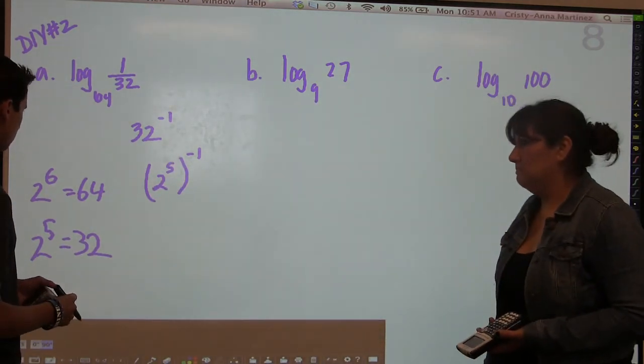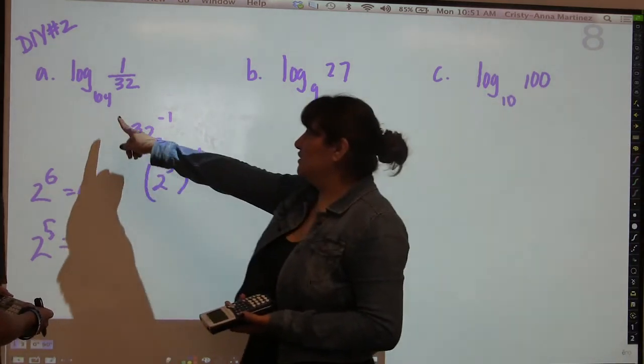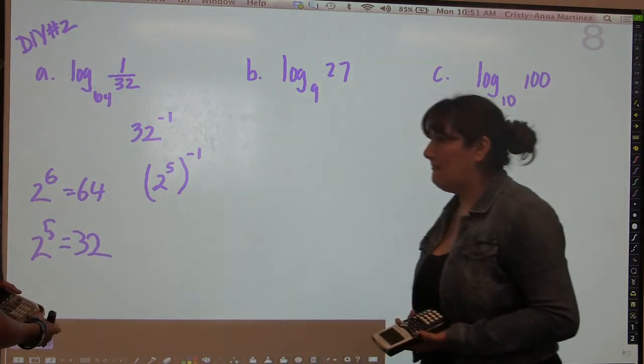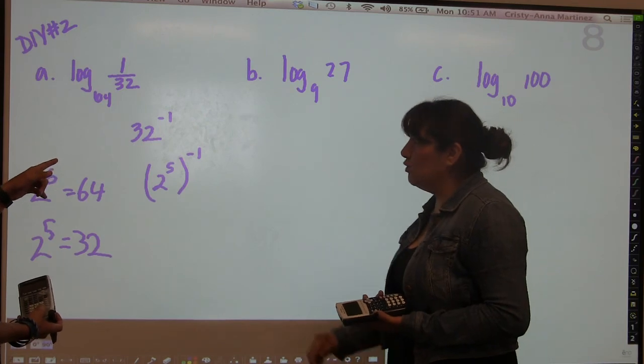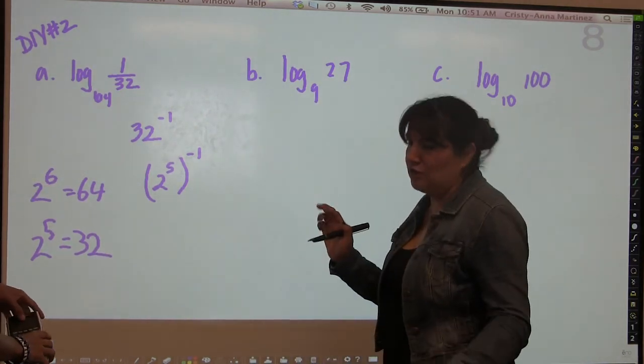But now what's the problem? The problem is that you have a base of 64. So where does the 64 come into play? In other words, let me backtrack real quick.